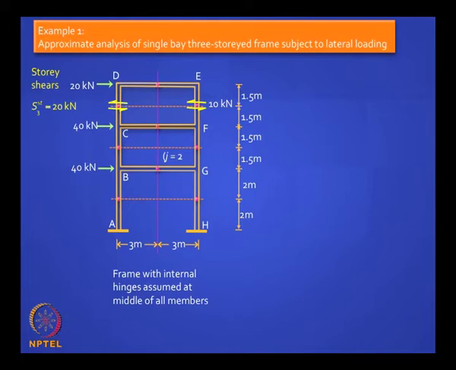What about the next story, the second story? There you are, it is 20 plus 40 divided by 2, you get 30, 30. And then the third one will be 50, 50. Is it clear? I have marked those arrows to show you the direction at the end of that element. Is it clear? This is an easy thing for you to do. Now that you have got this, can you get the column end moments?